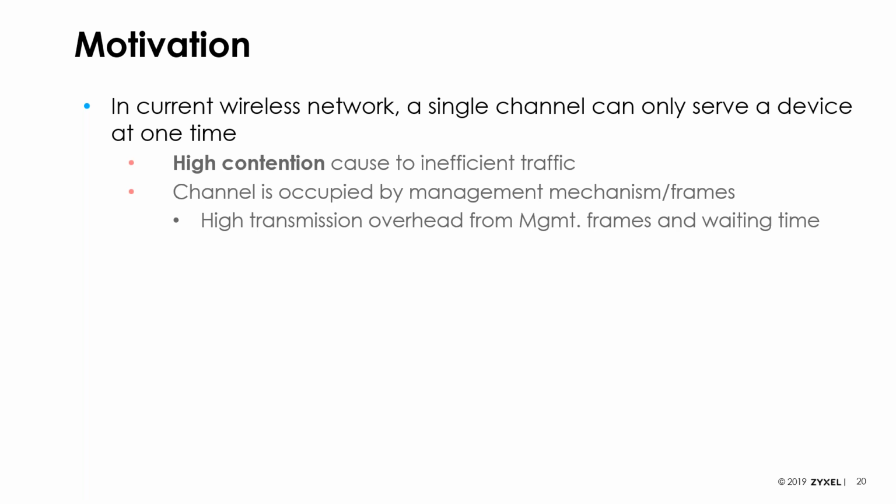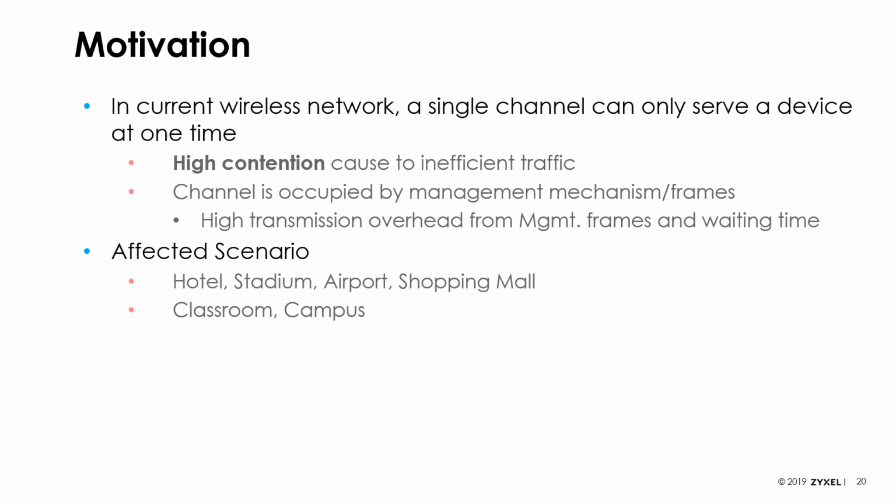When we have a lot of clients in the same area, a lot of clients connected to the same AP and a lot of APs seeing each other. Especially we see this issue in hotels, stadiums, airports, shopping malls and schools, etc.